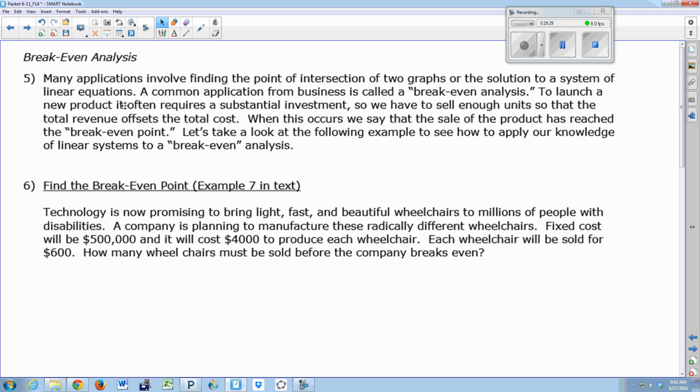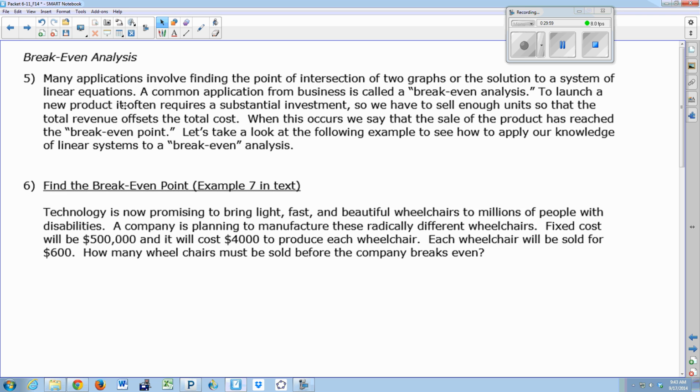But in economics, or in any kind of situation, this intersection point can actually have a meaning. And in business, it's called the break-even point. Or in economics, it's a point where your two dependent variables are equal. So a lot of times we want to know, if I invest this amount of money in a company and then I sell a certain item, I take in money.